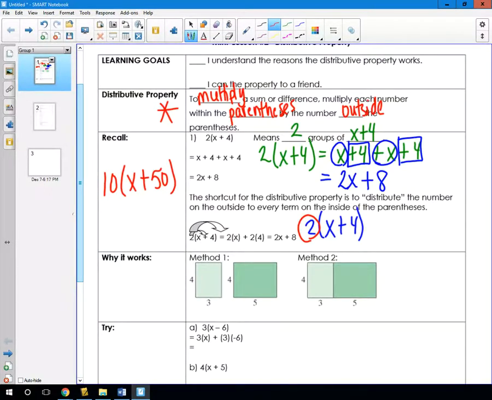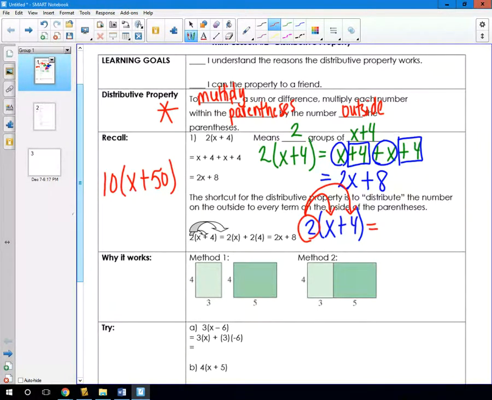So what I'm doing is I'm going to distribute that 2, okay? Just like the word distributive property, I'm going to distribute the 2. So I'm going to circle my 2 because that's what I'm distributing, and I'm going to draw an arrow. And I'm distributing it to everything inside the parentheses, okay?